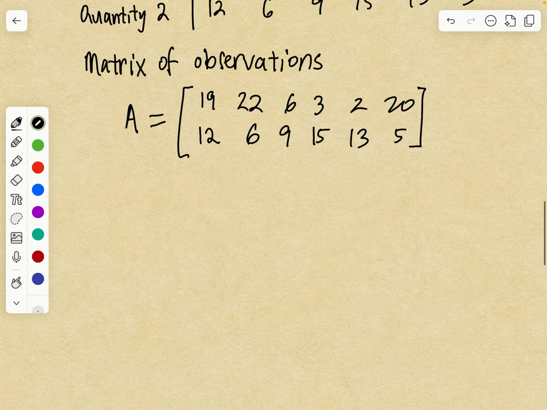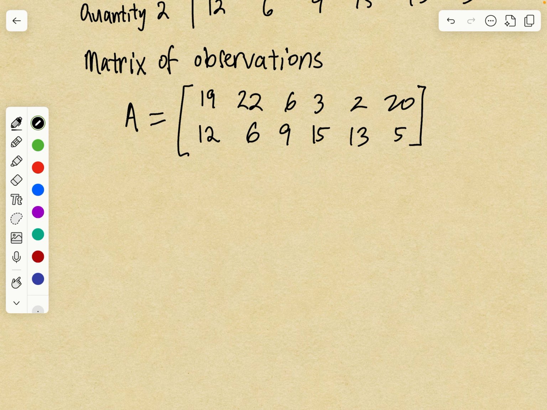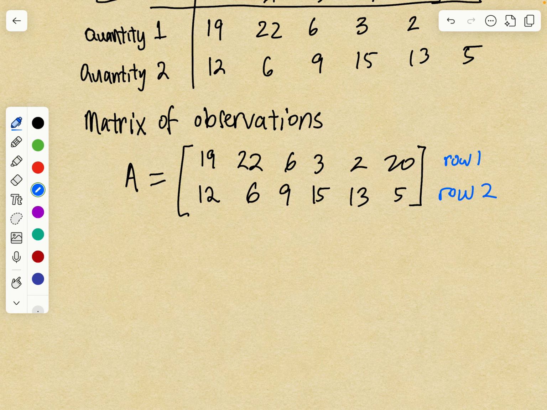This matrix has 2 rows, row 1 and row 2, and each row corresponds to the quantity or feature, some sort of aspect that you're measuring.